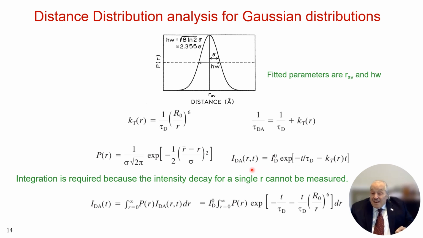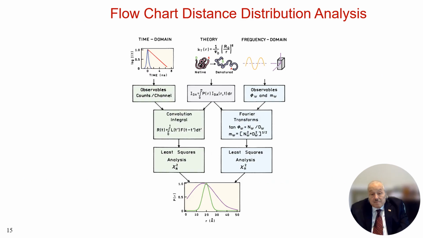We can't select the acceptor distance when we're measuring. So the thing we measure is going to be a sum of all of the distributions that are there. That's represented by an integral of the probability of the distance distribution times the intensity decay at a certain distance. Not as bad as it looks.